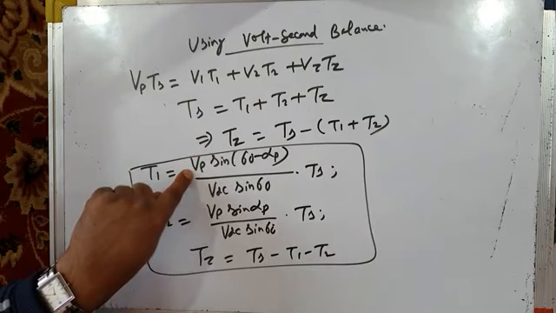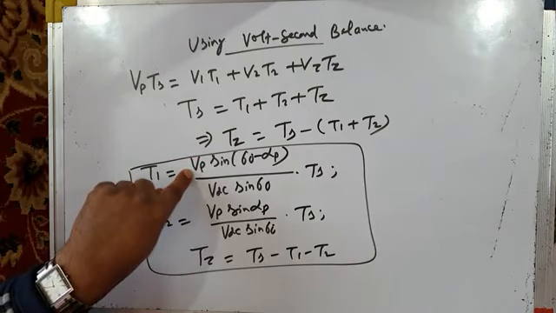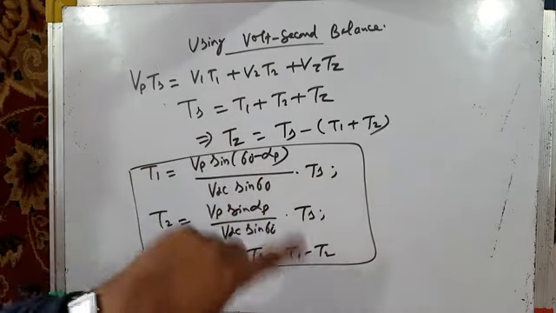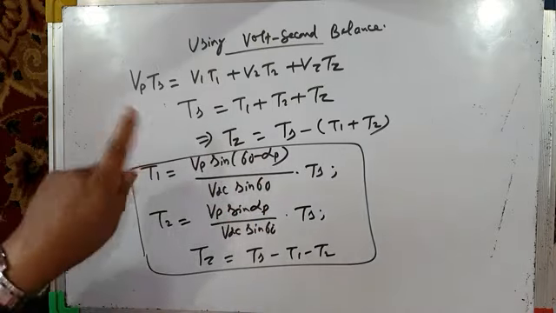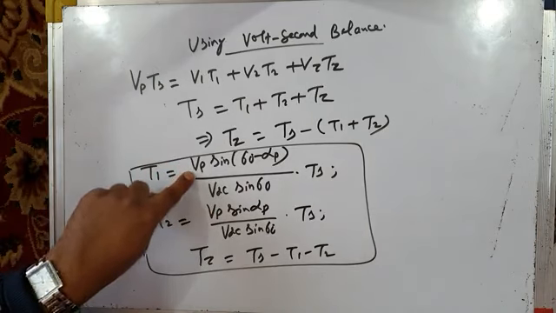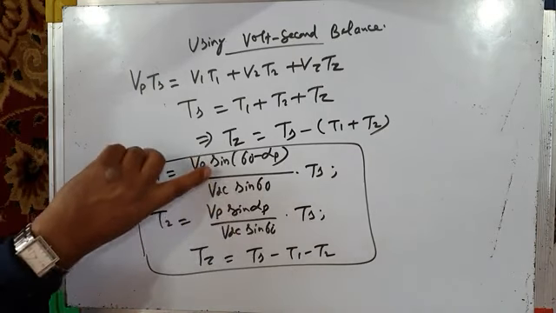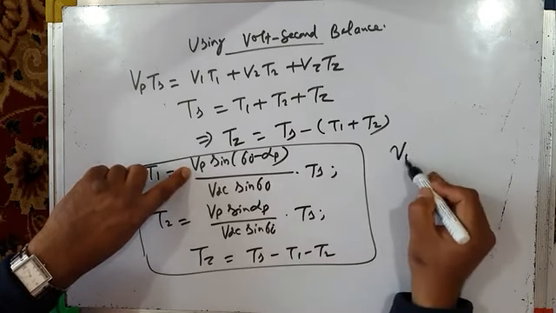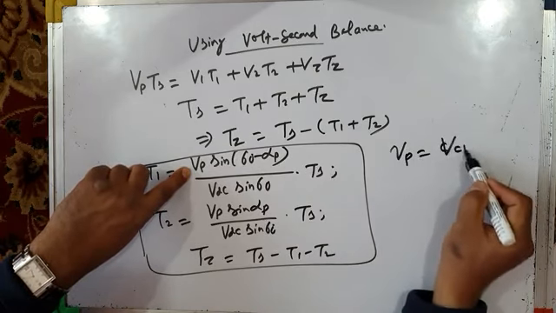Why are we writing Vp? Because Vp is different for different trajectories. There we were considering only under modulation, linear modulation. But in overmodulation, Vp is different. If the trajectory of the rotating reference vector is circular, then Vp is given by this formula, Vsir, circular.